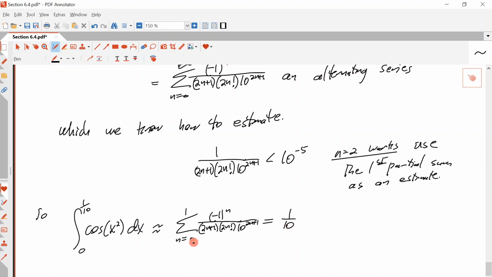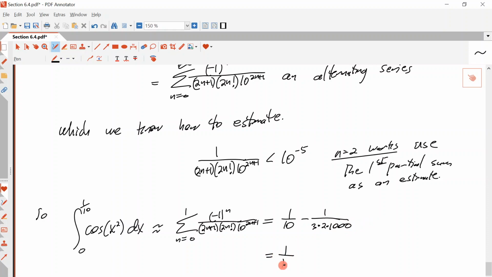And then for n equal to 1, you're going to have minus 1 over 3 times 2 factorial, 3 times 2 times 10 to the third, which is 1,000.